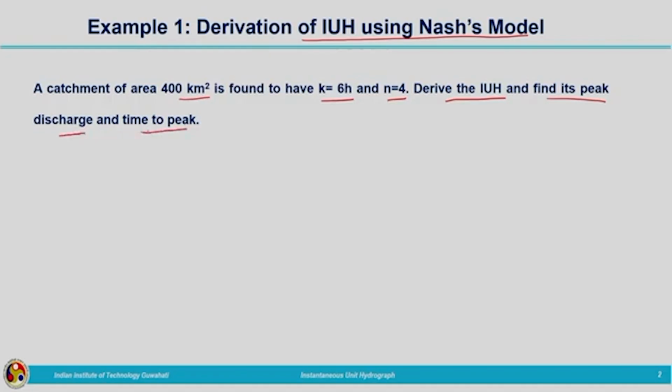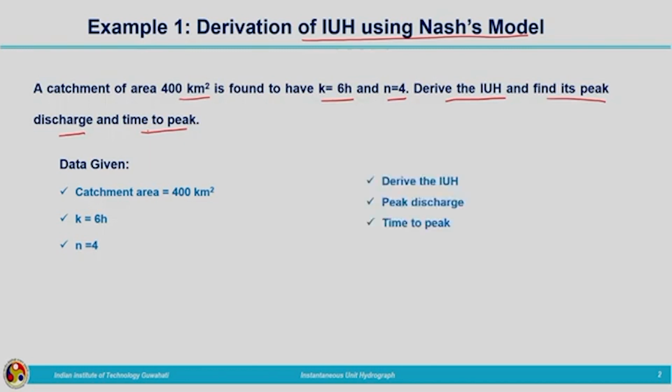So the data given are catchment area 400 km square, K equal to 6 hours, that is the storage coefficient, and the number of linear reservoirs considered is 4. And what we need to find out? We need to derive the IUH, peak discharge and time to peak.